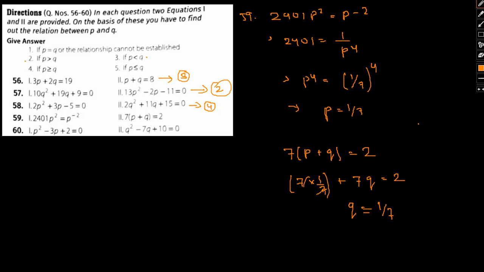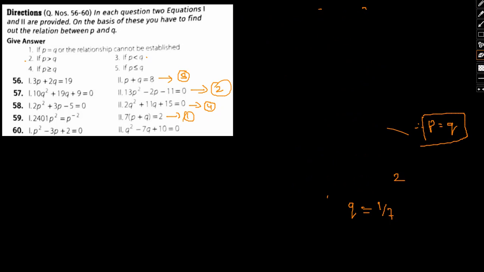Okay, so therefore p is equal to q. So for 59 it will be p is equal to q, that is option 1. Okay, I hope it is clear how we came about the solution.